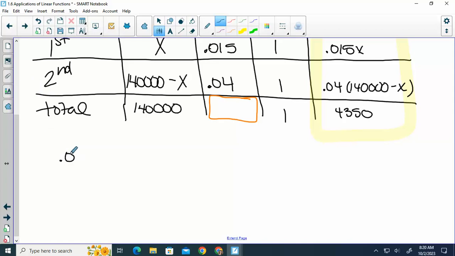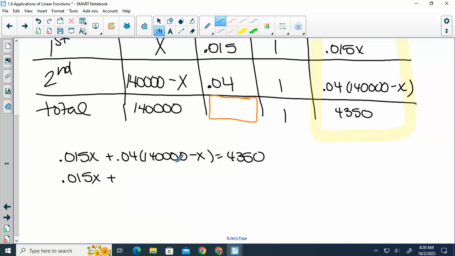You add the first and second to equal your total. Okay to this point?